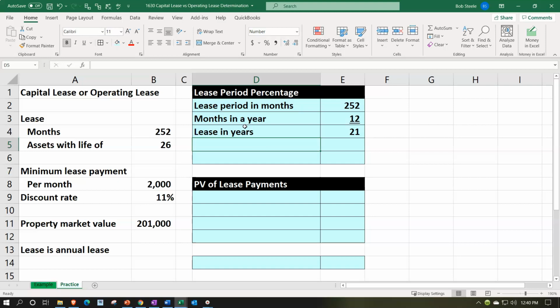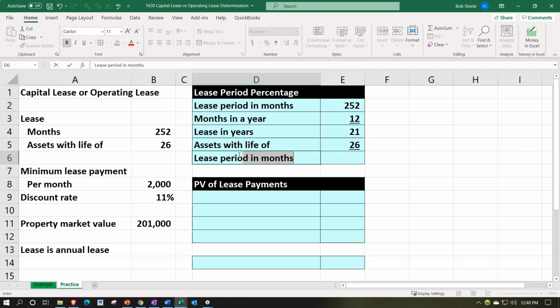Now the life of the asset was 26 years, so we can compare how long we've locked into leasing it versus the life of the asset. So we're going to go to the font group, underline it. So we're going to say this is the lease period percent. And that would be the 21 divided by 26. And let's make that a percent. Number group, percentify that.